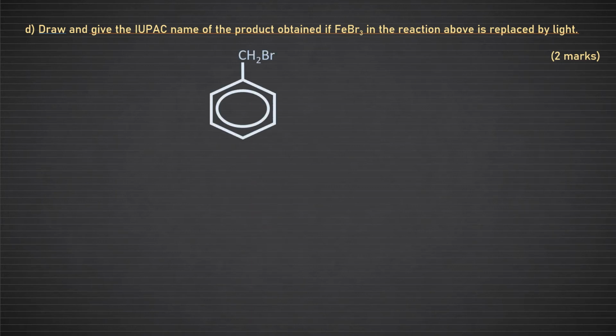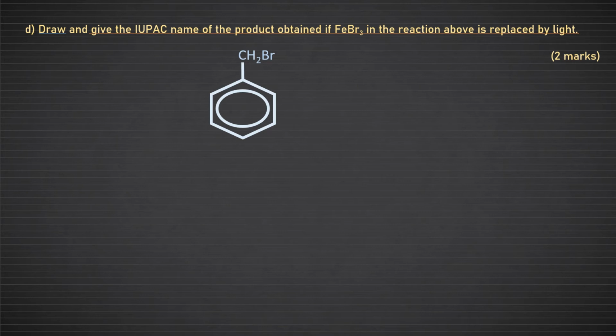After drawing the structure, we need to give the IUPAC name of the product obtained. We need to identify which is the substituent and which is the parent. In this case, the substituent is CH2Br, whereas the parent is the benzene ring.